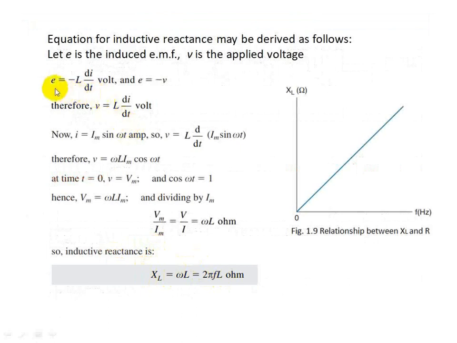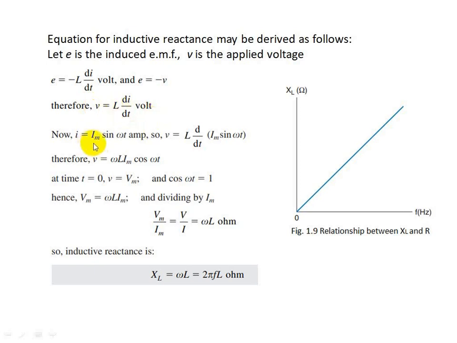We can write the EMF induced as minus L into di by dt, where we have seen that the induced EMF has opposite polarity to that of the applied voltage. Therefore, E can be written as minus V. So in the place of E, if I substitute minus V, then I get V equal to L into di by dt.